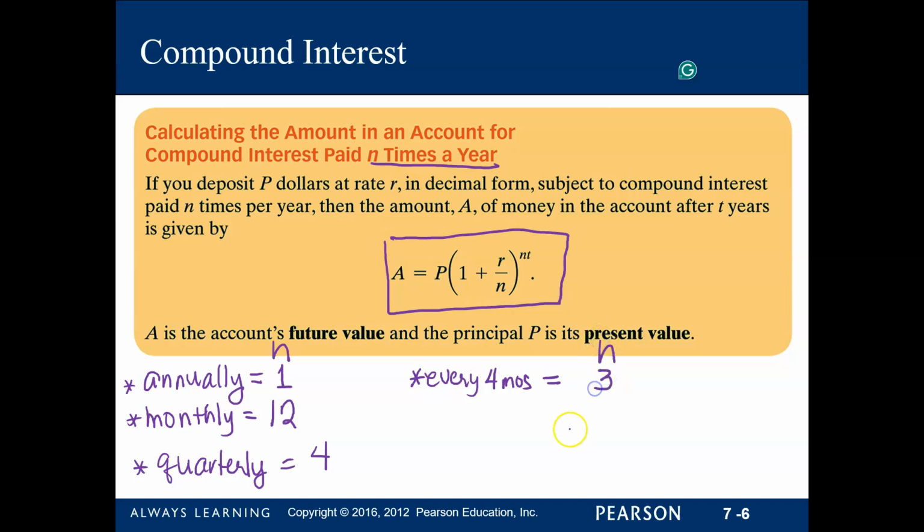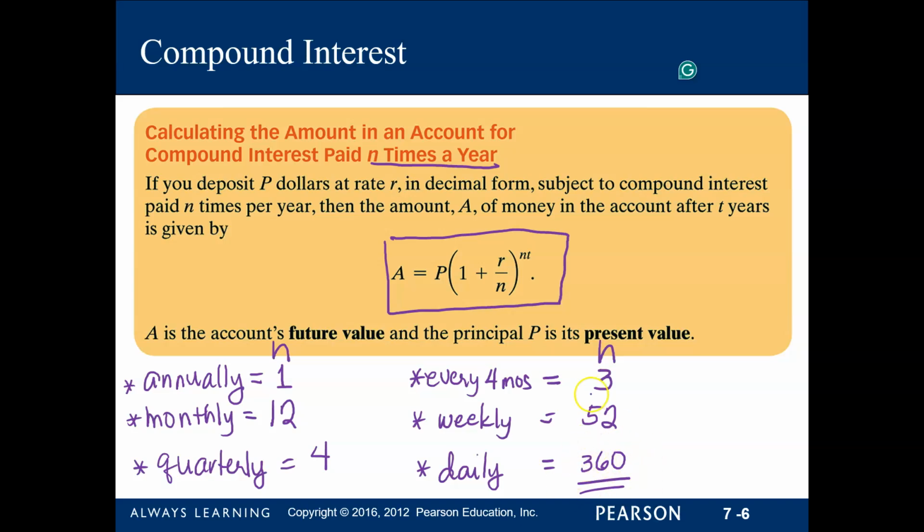Well, there's 3 of them, 4, 4, and 4, okay? If it says compounded weekly, how many weeks in a year? 52. Now, if it is compounded daily, we will just be sticking with the whole number 360, not 365. This is how it will be.